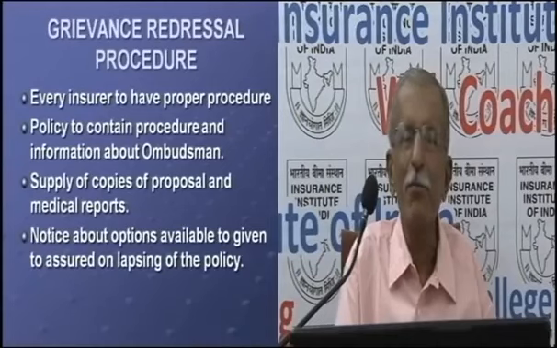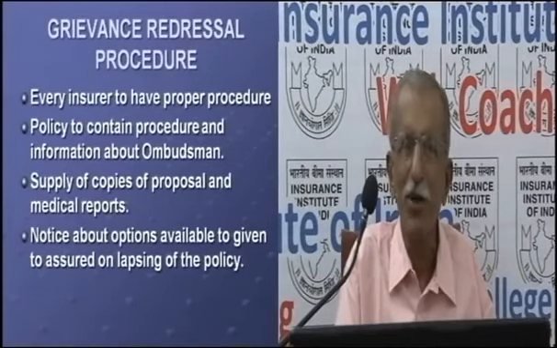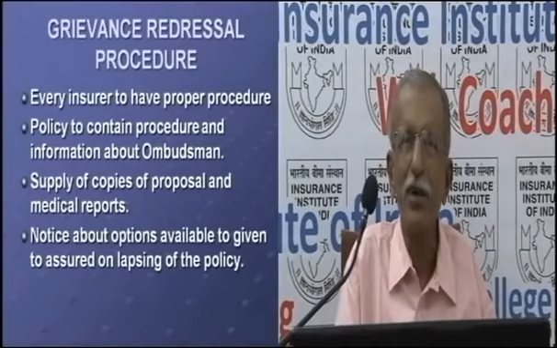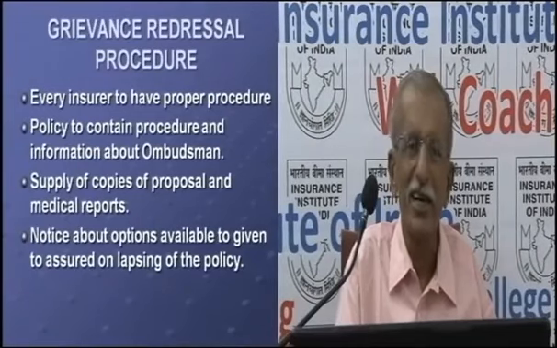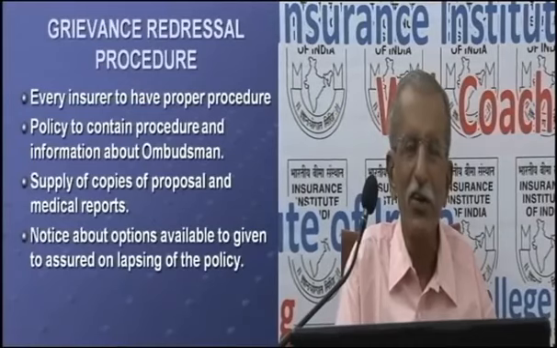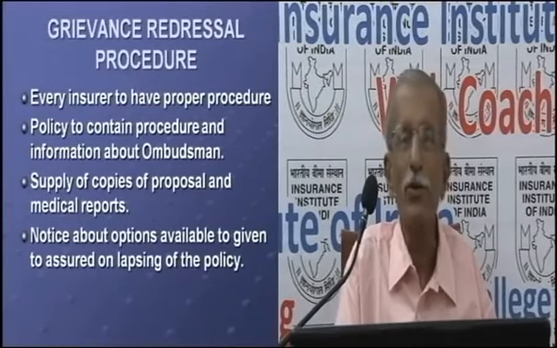In case of any complaint or non-compliance of client requirement as to servicing of policy or handling of claims, what is to be done by the client, where to approach, whom to approach, etc. should be given in the policy. Every insurer to have own procedure. Every insurance company should have grievance redressal mechanism.